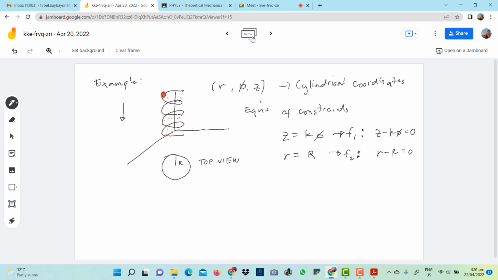Okay. If I use method 1, you only get one equation of motion.